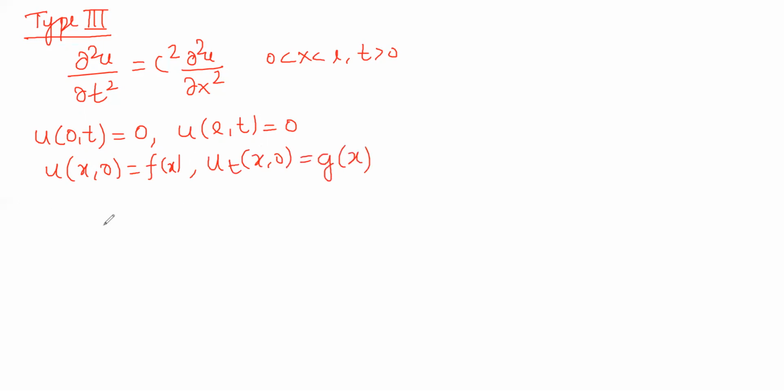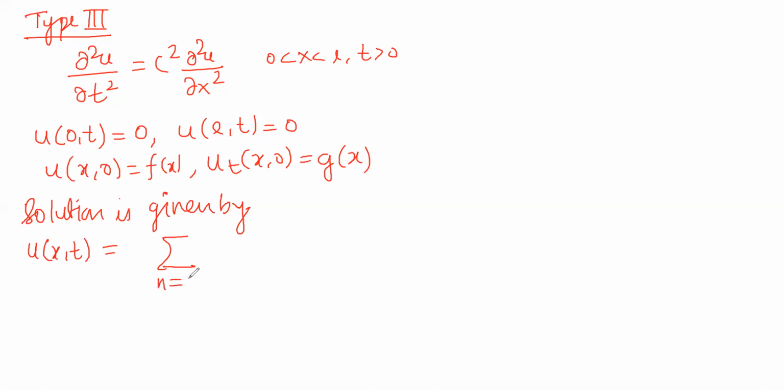And now their solution. So the solution is given by, be very careful while writing the solution. It's nothing but the addition of these previous two solutions. So let us add them.